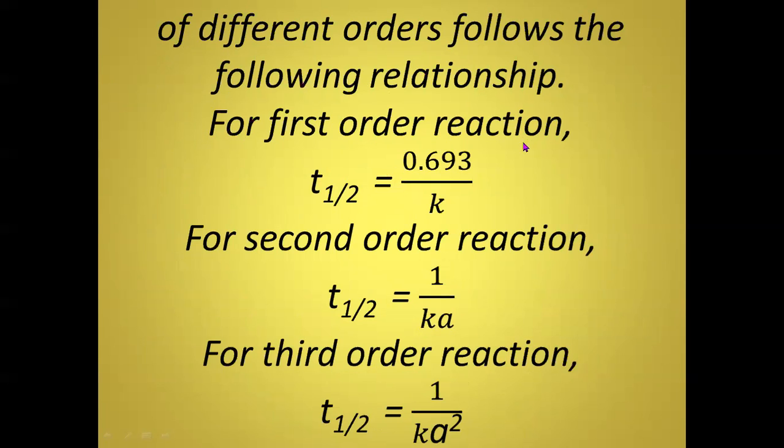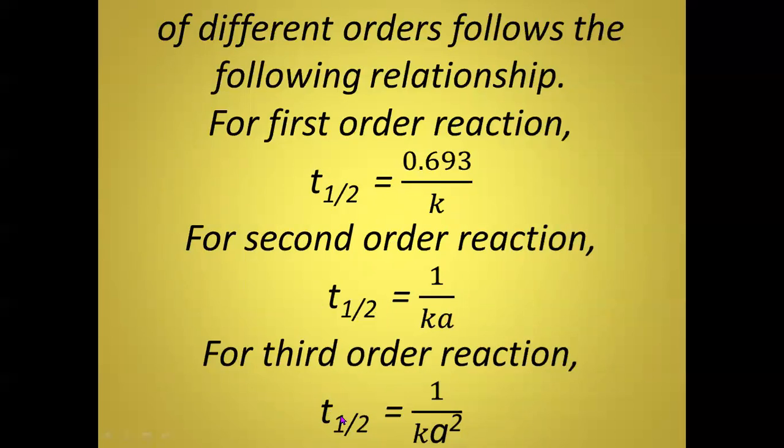For first order, we had T half, that is the half-life period, equal to 0.693 by K, where K is the rate constant of first order. For second order, T half is 1 by K into A. Again, K is the rate constant for second order reaction, and A is the initial concentration of the reactant.